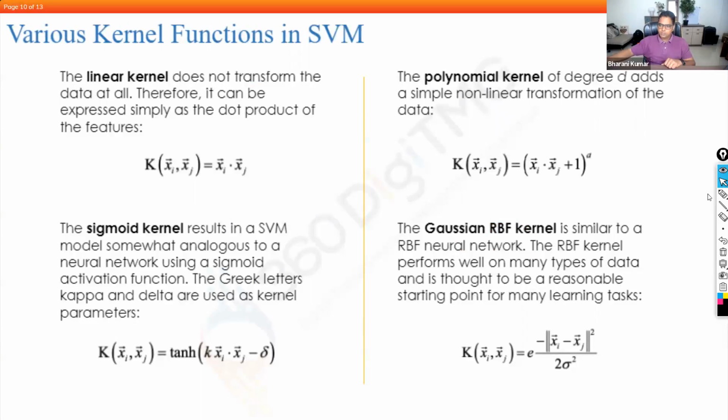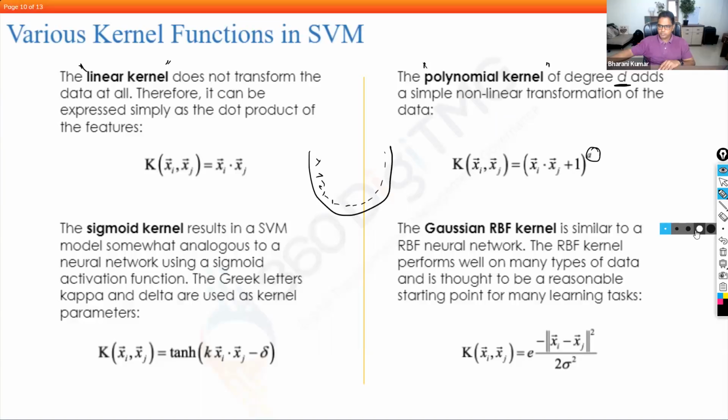And here are a few kernel tricks. One is the linear kernel, nothing much, just multiply the values. Polynomial kernel, we know, has degree d, raised to the power 2, 3. If your data is like this, how to segregate the red crosses from the circles here? We need to use polynomial with 2 degrees. Then you have the sigmoid kernel.